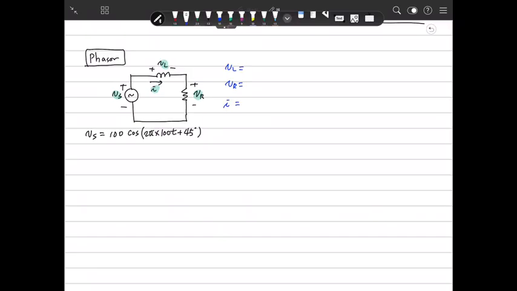Anyway, the values will be, for example, A cosine(2 pi 10 t plus phi L), B cosine(2 pi 10 t plus phi R), and so on.